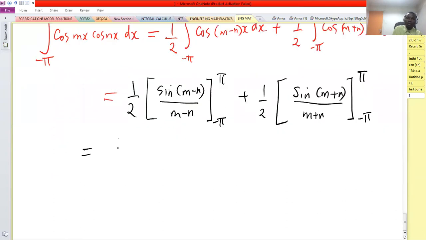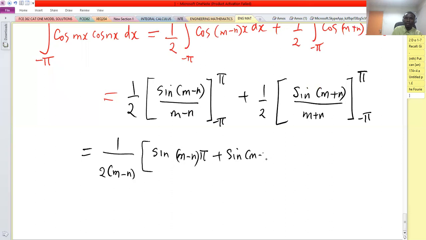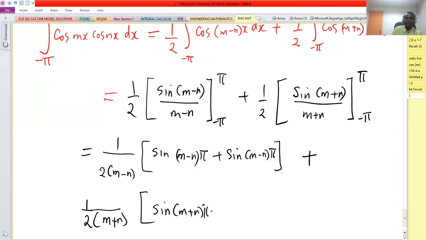which will give us 1 over 2 into (m minus n), and then sine (m minus n) pi. So minus minus will be plus, sine (m minus n) pi, plus a half into (m plus n) into sine (m plus n) pi.